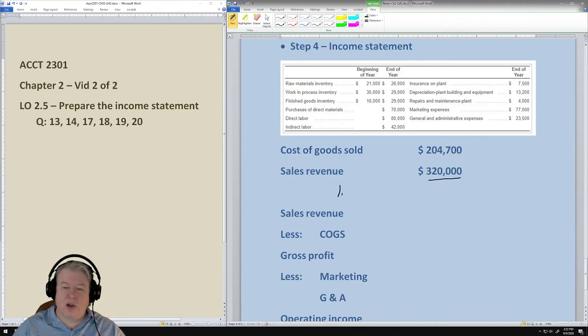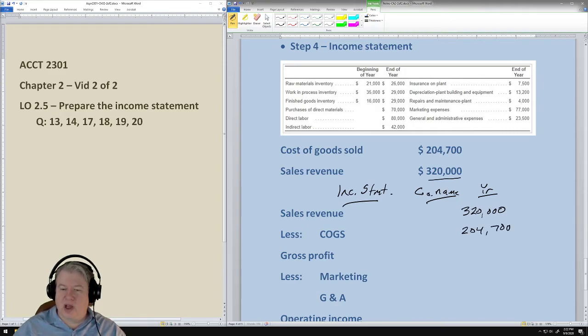So you would have the normal header, the income statement, and it would be for the company name, and it would be for the time period, for the year ending, etc. So you'd start off with, and you've all built these income statements before in the intro to financial course, 320,000 less cost of goods sold.